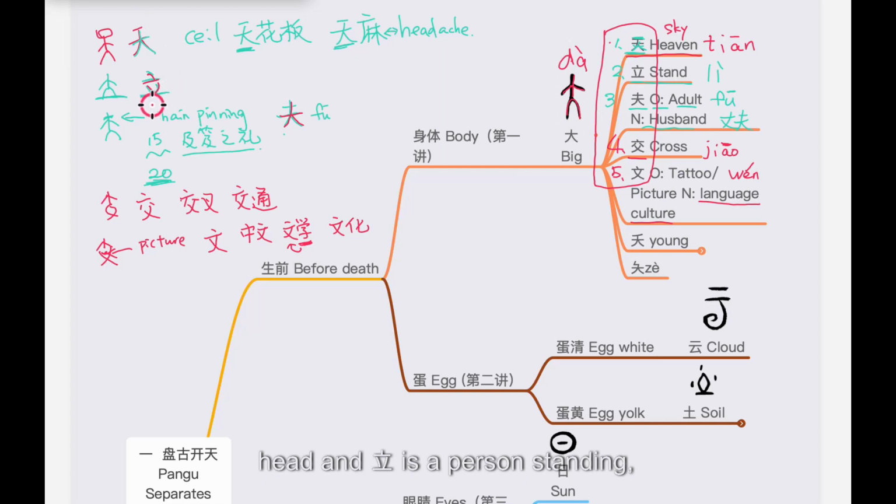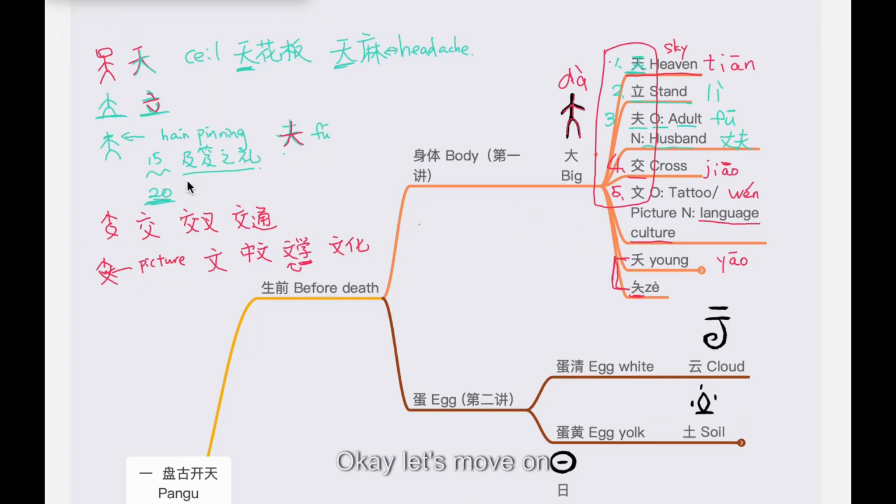And 立 is a person standing on the ground. And 夫 was this hairpin ceremony, which means you're grown up. And 交, crossing. And 文 is the language and culture from the pictures we draw on the body. Okay, let's move on.